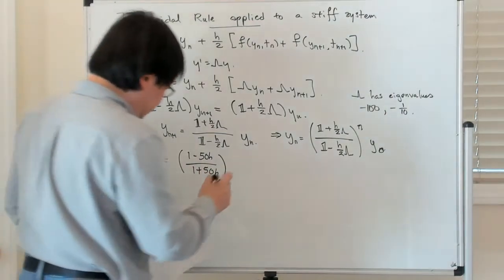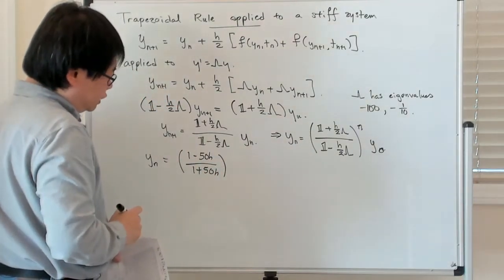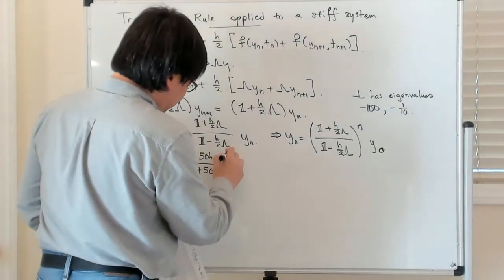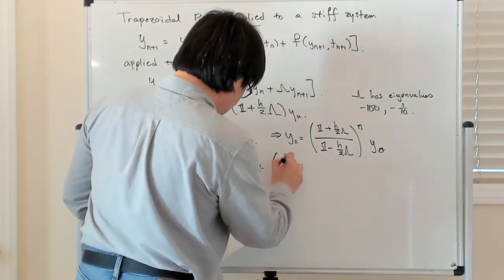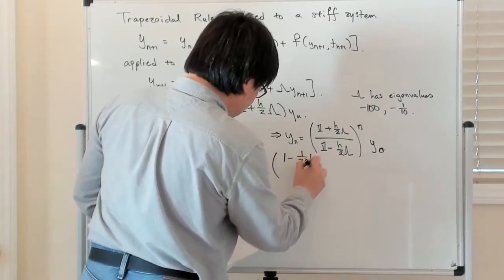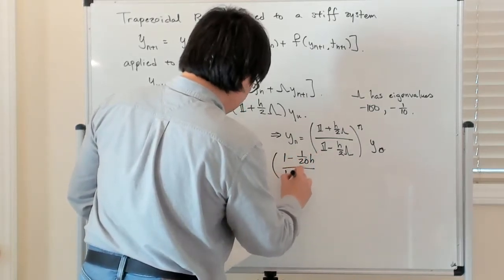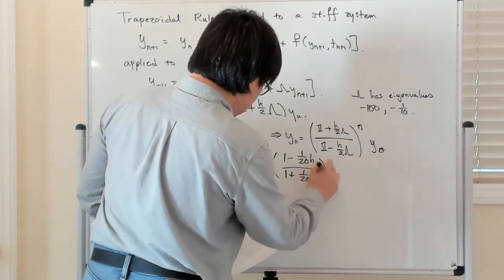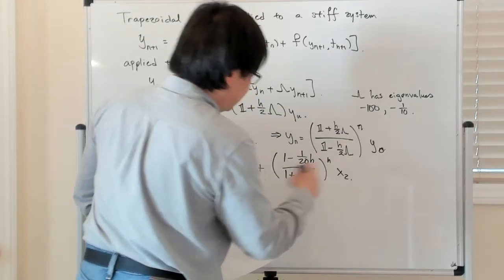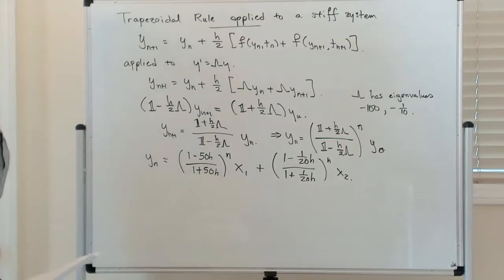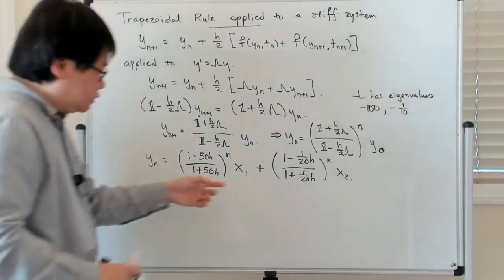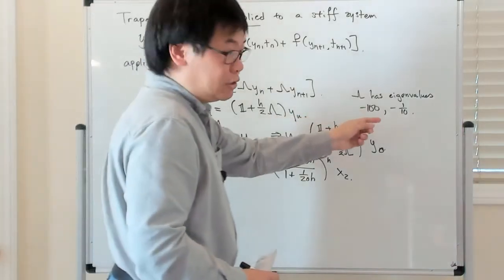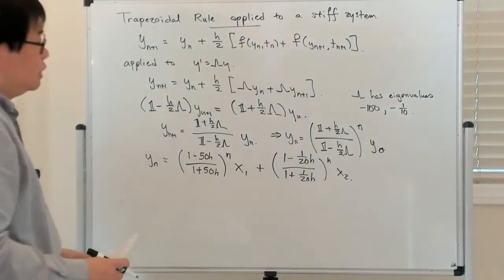So you get (1 minus 50h over 1 plus 50h) to the nth power times x_1, and then another term which is (1 minus h/20 over 1 plus h/20) to the nth power times x_2, where x_1 and x_2 are multiples of the eigenvectors corresponding to the minus 100 and minus 1/10 eigenvalues.